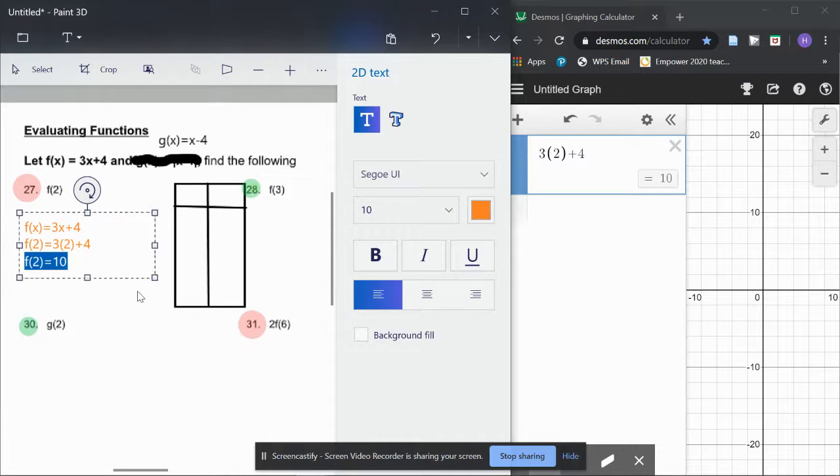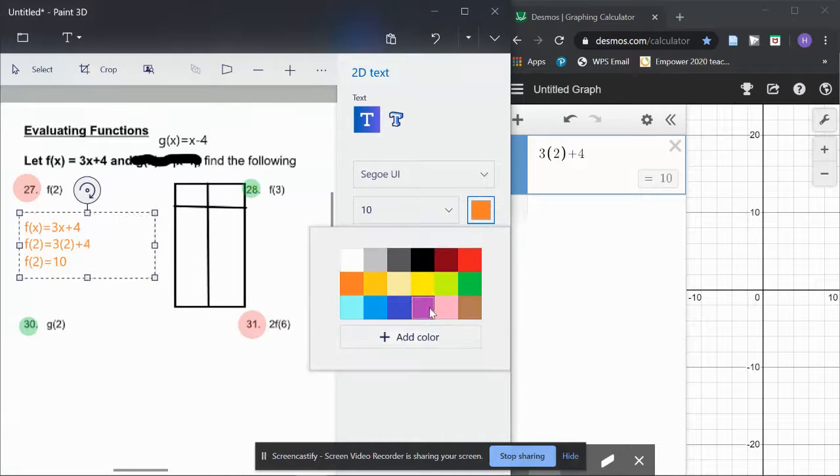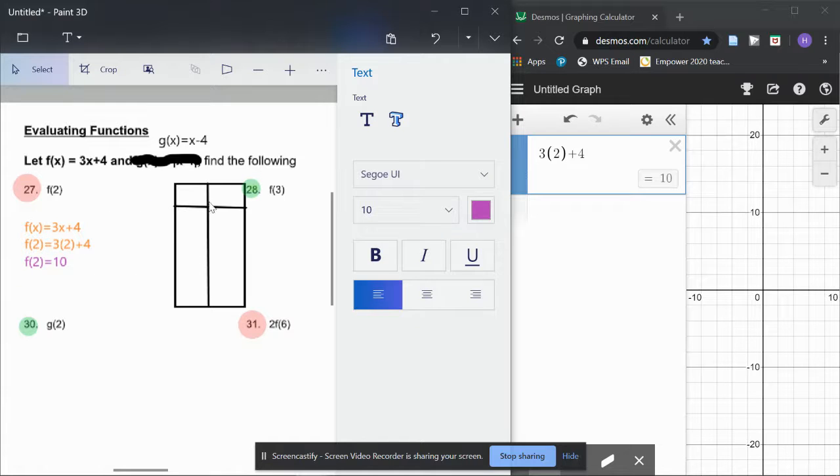To help connect some ideas, if we look over at this table that I attempted to draw for us, this first column is our x column, because that's what we've been working with. Normally we would say the second column is our y column, but we're going to call it our f of x column now, because we're working with f of x instead of y.